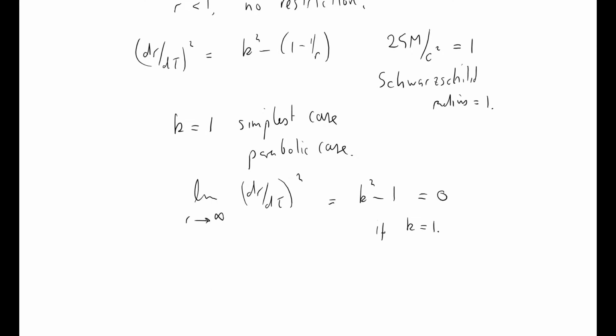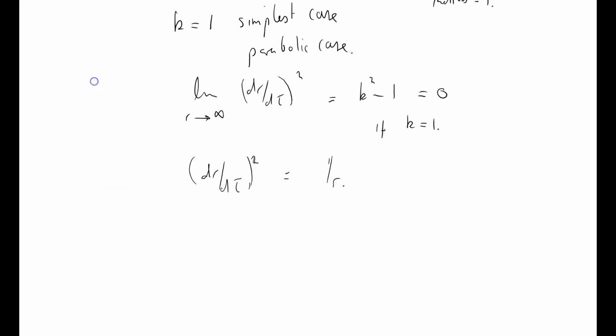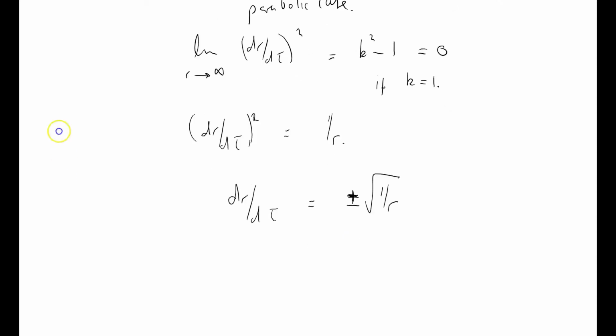So what have we got? We've got dr by d tau squared equals, from here, 1 over r. So that says that dr by d tau equals plus or minus the square root of 1 over r. And of course the plus or minus depends upon whether we are considering an inward trajectory or an outward trajectory.